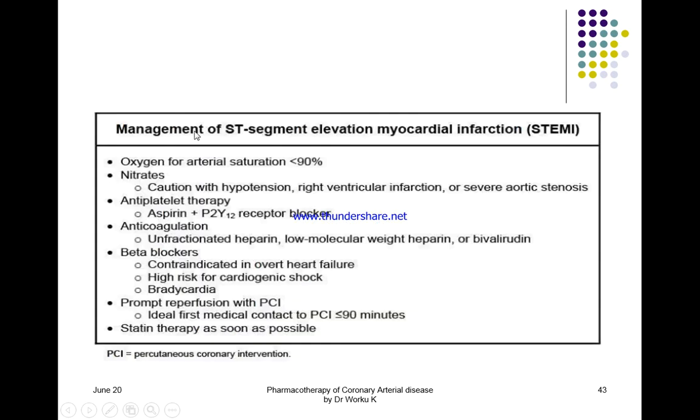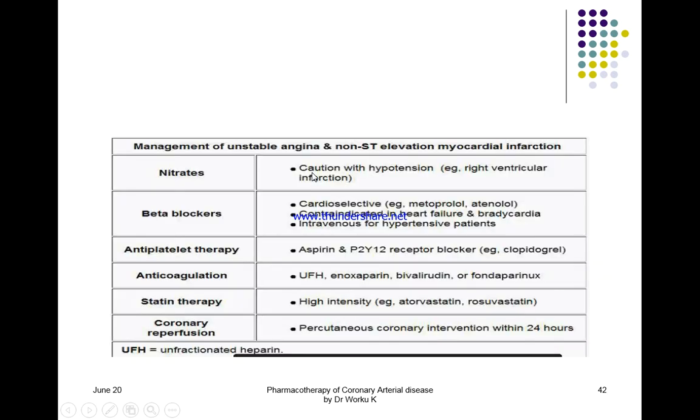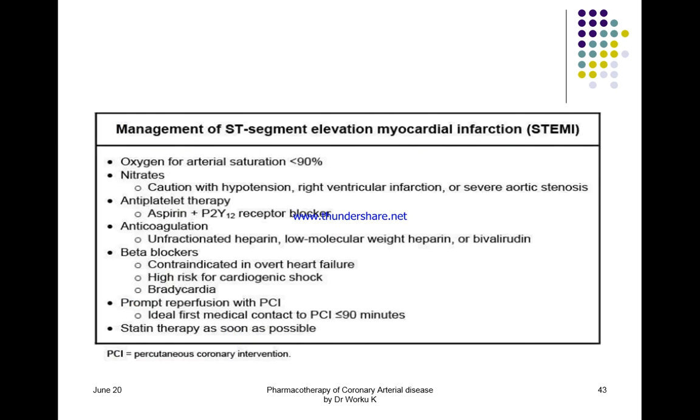But what's the difference if the patient has ST elevated myocardial infarction? The difference is we need oxygen for arterial saturation less than 90%. We don't need oxygen in patients with non-ST elevated myocardial infarction and unstable angina. But for ST elevated myocardial infarction, because it's a more severe form of acute coronary syndrome, we need oxygen.